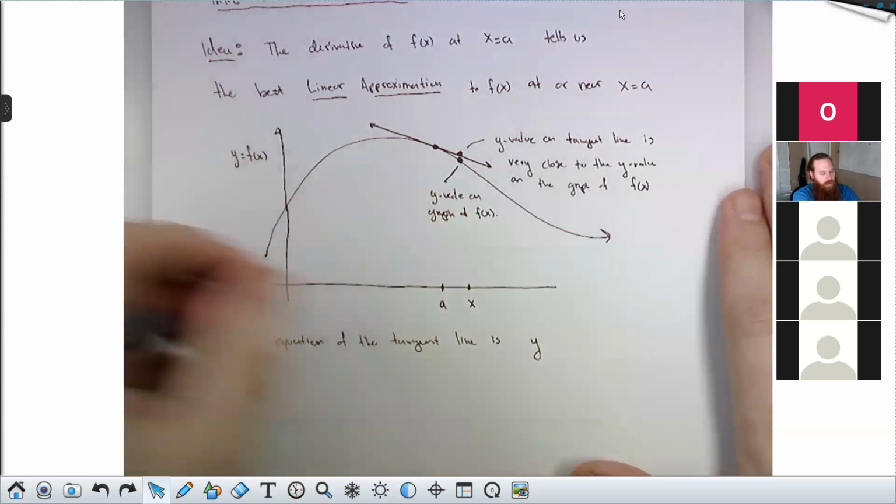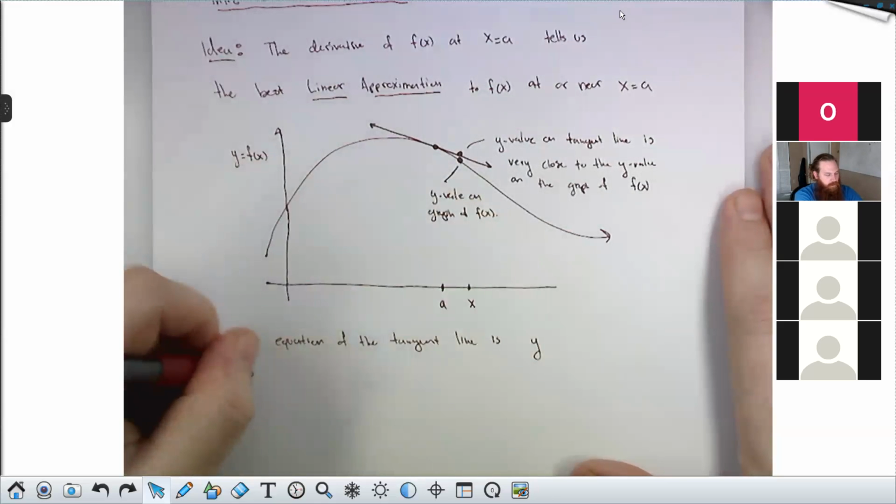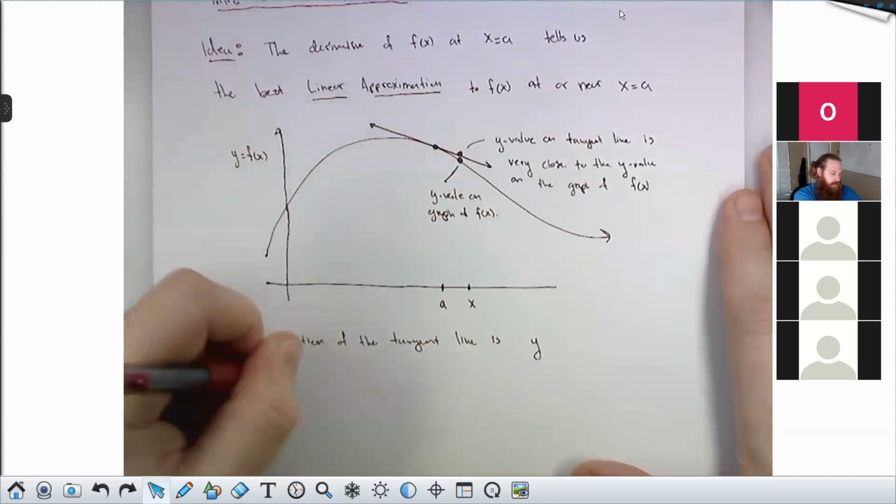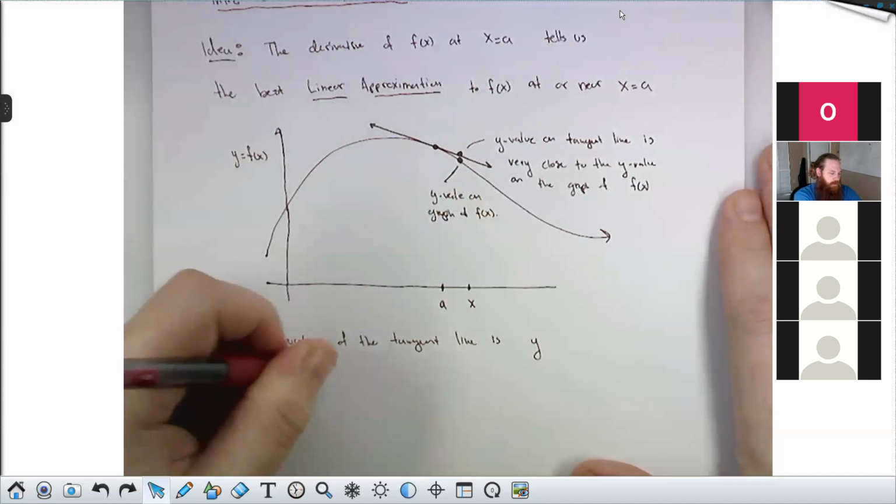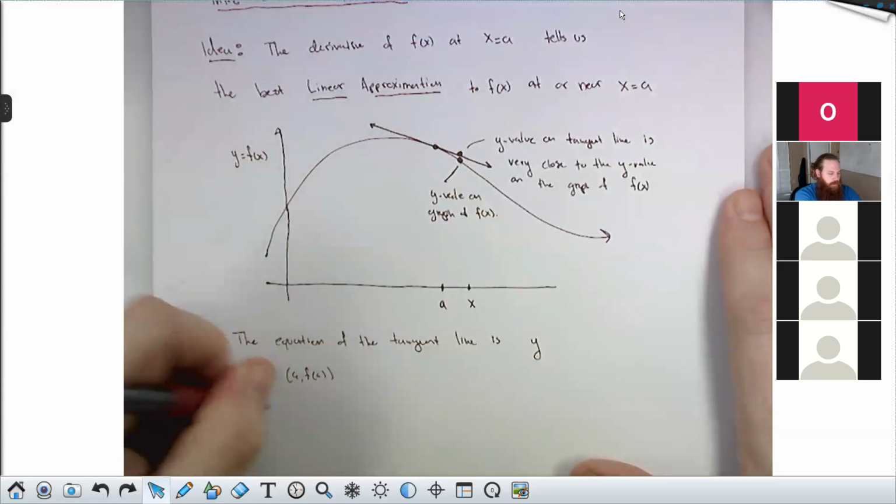It goes through the point a comma f of a, and the slope is always f primed of a.